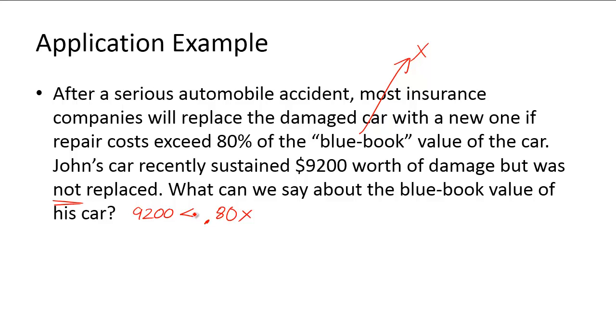So $9,200 was less than 80% of the Blue Book value, meaning they had to repair his car instead of replacing it. So if we solve that, division by 0.8 would give us 9,200 divided by 0.8 is 11,500. So that tells us that the Blue Book value of his car is greater than $11,500.